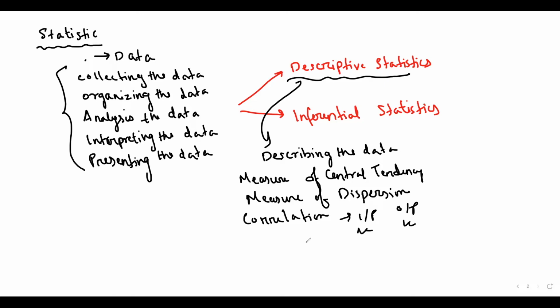Also, correlation within input features. This is also important. Maybe out of 5 features, only 2 are important. The rest of the 3 are correlated with each other. So we'll discard those 3 features in model building.